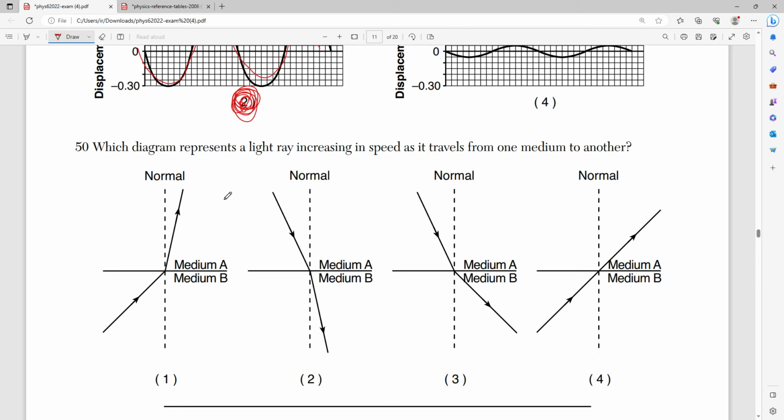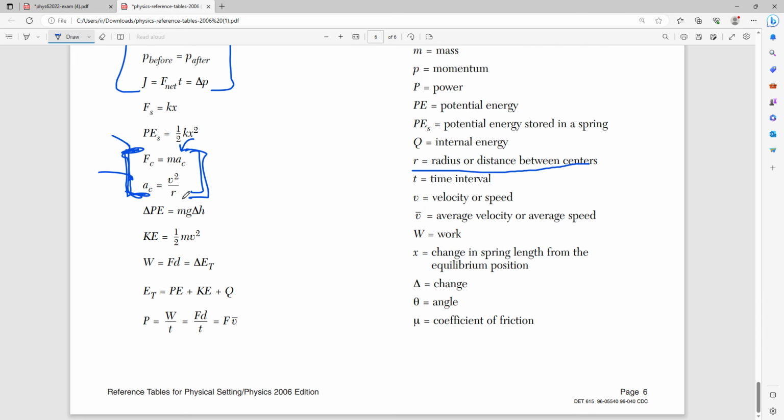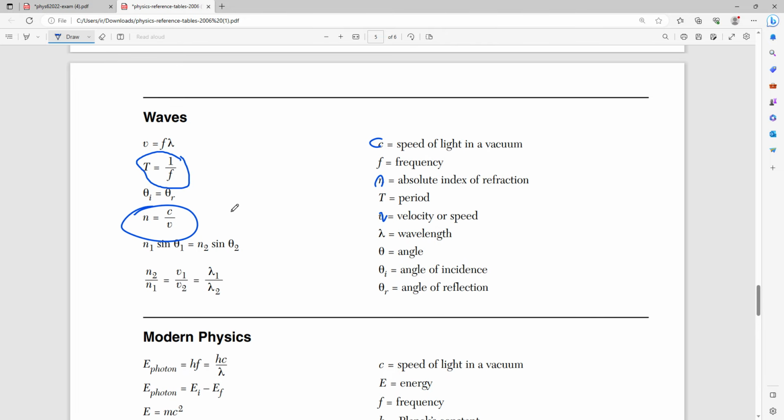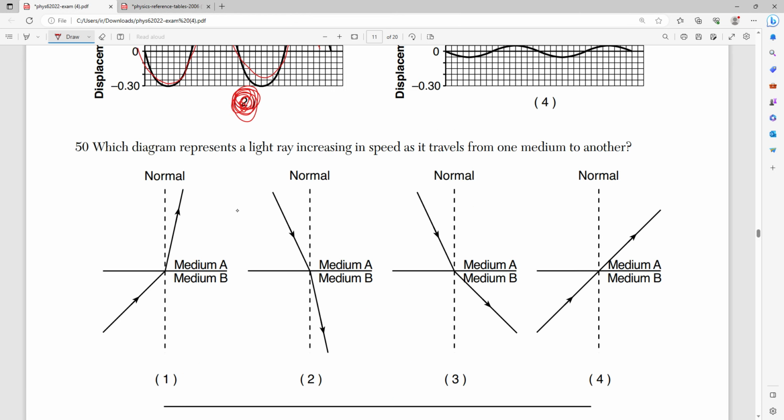And finally, number 50 says, which diagram represents a light ray increasing in speed as it travels from one medium to another? So here I have mediums, and the only thing that changes across mediums is each medium's index of refraction. If I look back at my reference table, which gives us the speed of light, the speed of a wave depending on the index of refraction is n equals c over v.